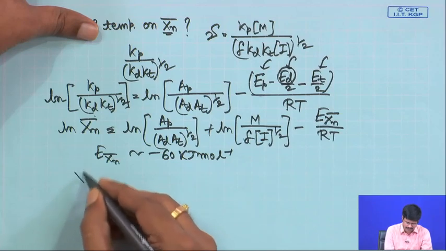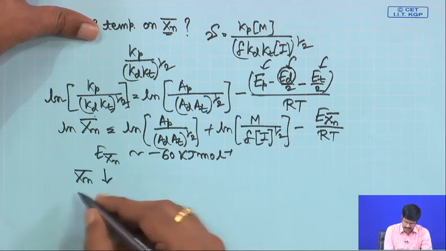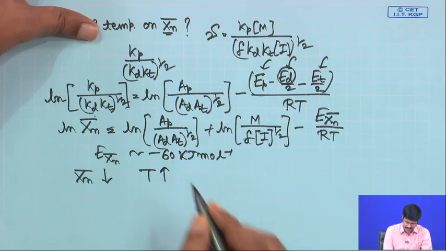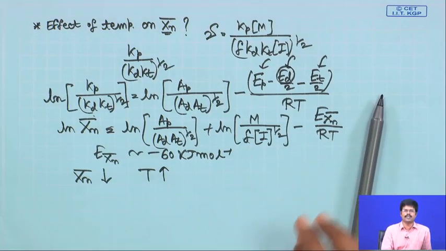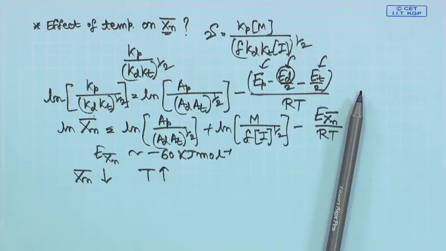So, what happens is that Xn bar decreases rapidly as T increases. This is something we mentioned the other day without further explanation: when you increase the temperature for thermal decomposition, the rate of polymerization will increase, but you will have a decrease in the molecular weight. So, you will compromise the number average molecular weight.